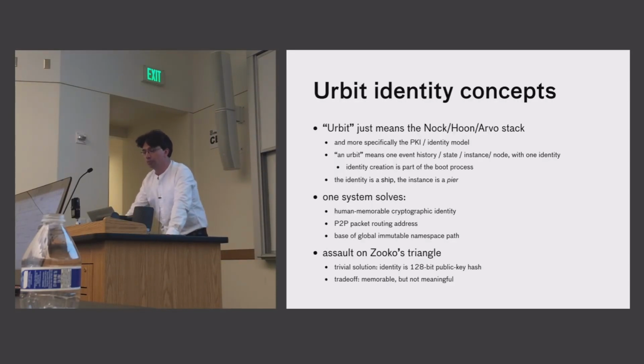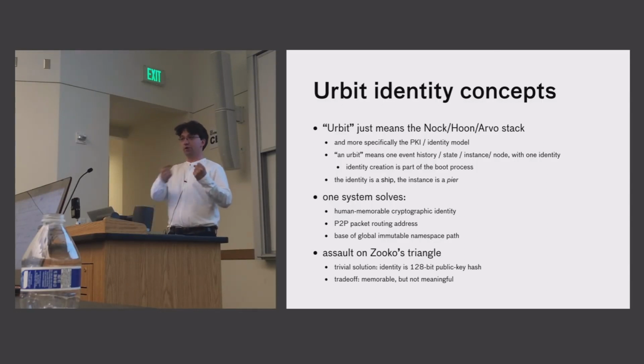Let's go back to the top and look at what Urbit is doing at the top level. So we're back to the user level here. Fortunately there's nothing else in the stack besides Nock and Arvo. And at the top level, what users really see the most in Urbit is the public key infrastructure, the identity model.